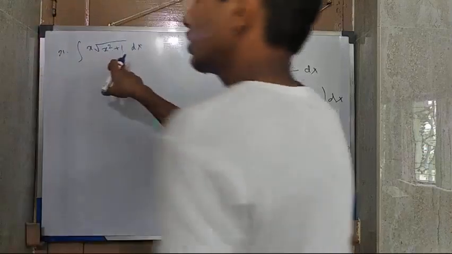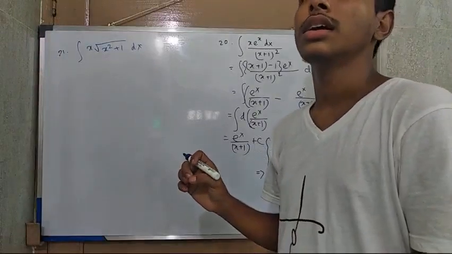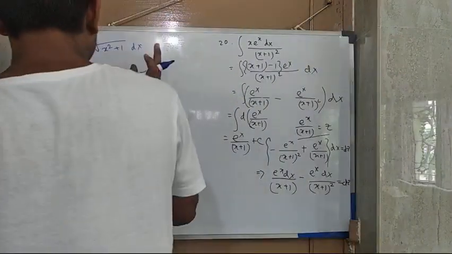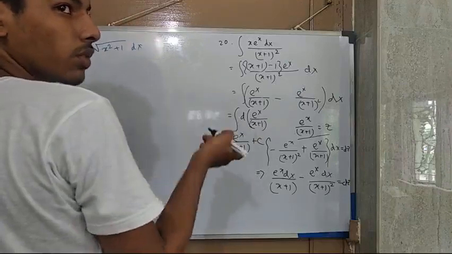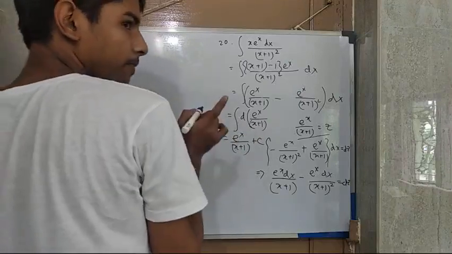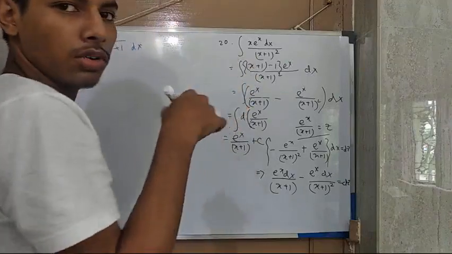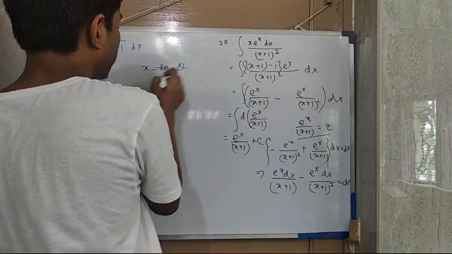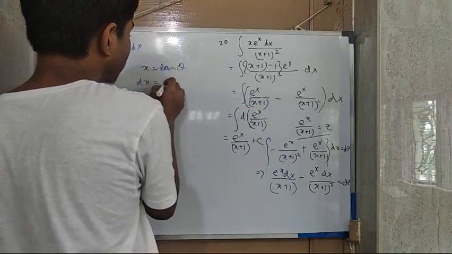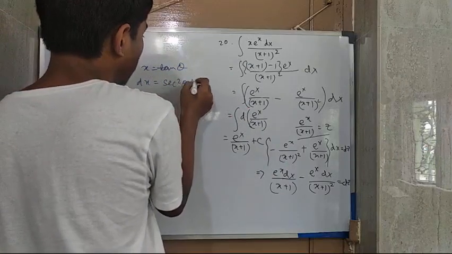For this question I am going to take x equal to tan theta. The reason is that 1 plus tan squared theta will become sec squared theta and the root will cancel that, so that will become only sec theta. So put x equal to tan theta. Now dx will become sec squared theta d theta.